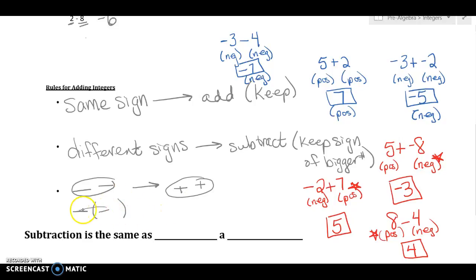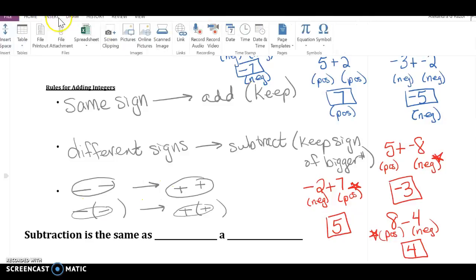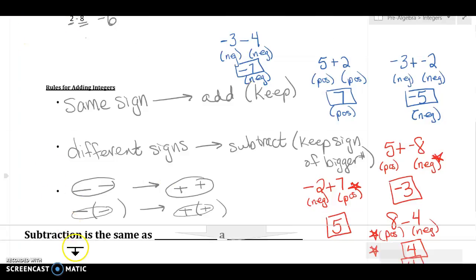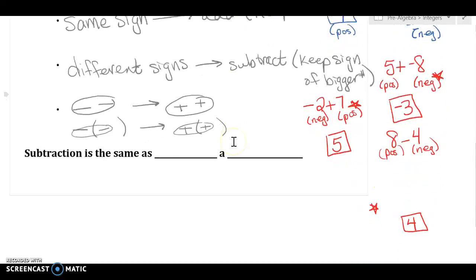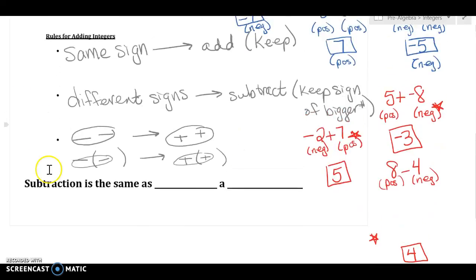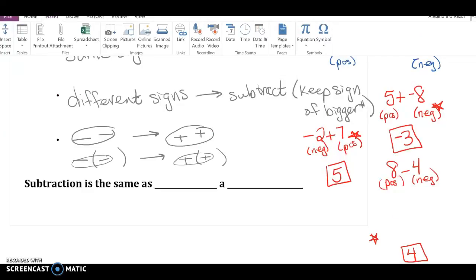Okay, you can do this if there's just a parenthesis. So it would become both positives here. Okay, so that's kind of one rule. You can do it with parentheses. Okay, so then we'll write some examples of this last one on the side.